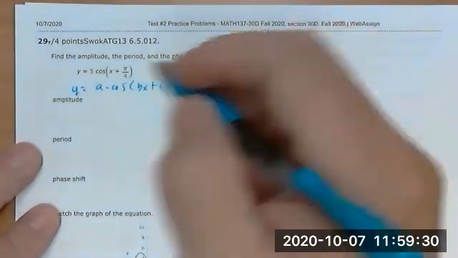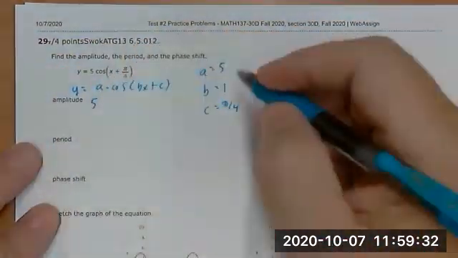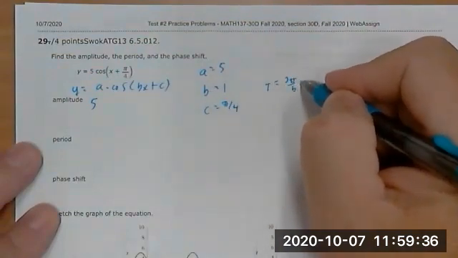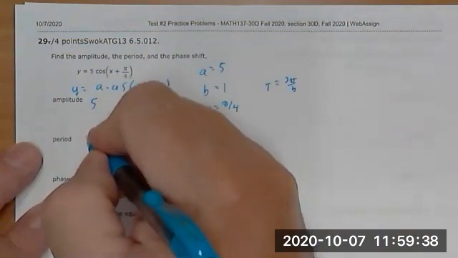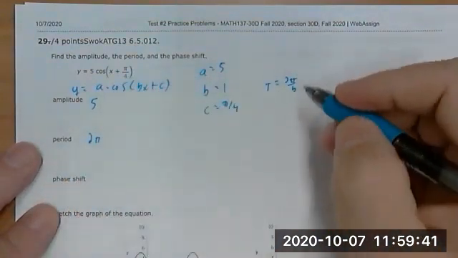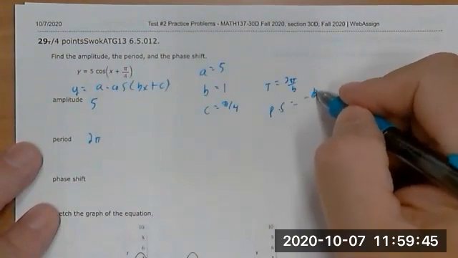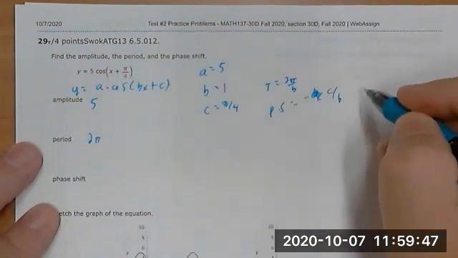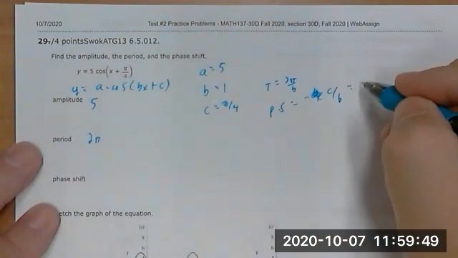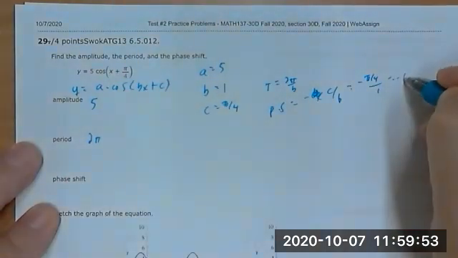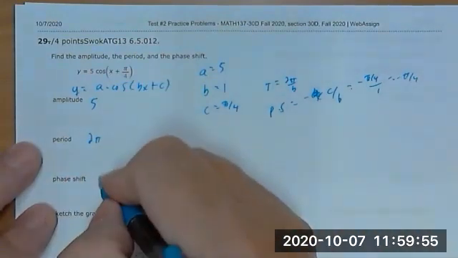Therefore, the amplitude, which is A, is 5. The period, 2 pi over B, which is 2 pi over 1, which is 2 pi. Phase shift, negative C over B, negative pi over 4 over 1, negative pi over 4.